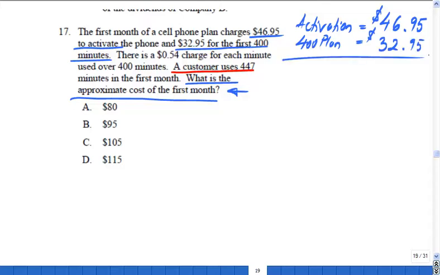All right. So this is what the customer has to pay for the 400 minutes. Okay, so if he uses the 400 minutes in this month and he activates the phone, this will be the total cost.